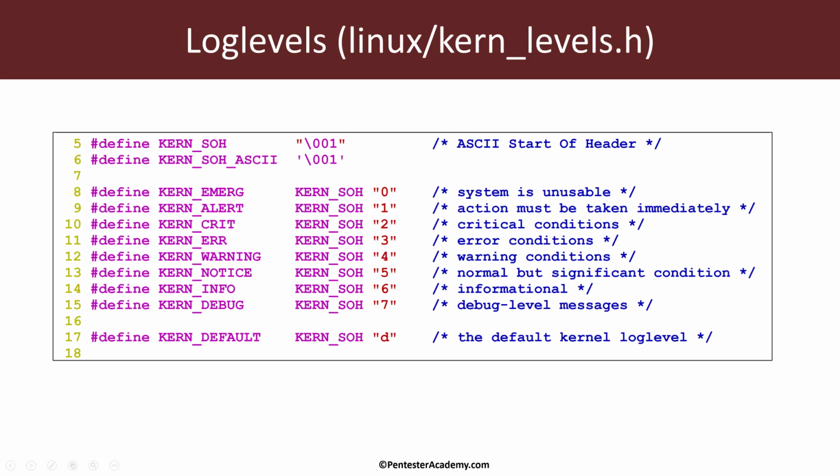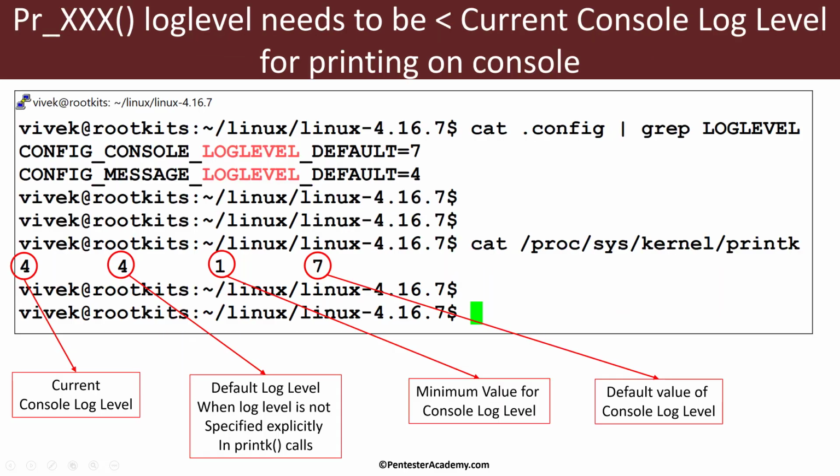So anything above this will be printed, which is error and above, right? Now this is configured at compile time, and of course, as soon as the OS boots in, it can change the default log level. At the very same time, this is something you can even change or configure.